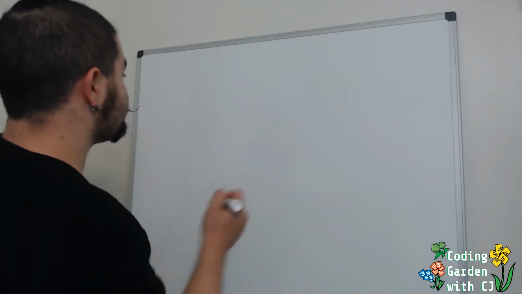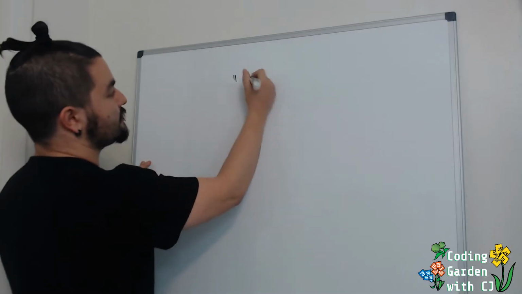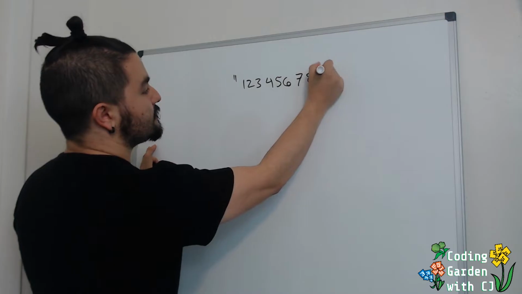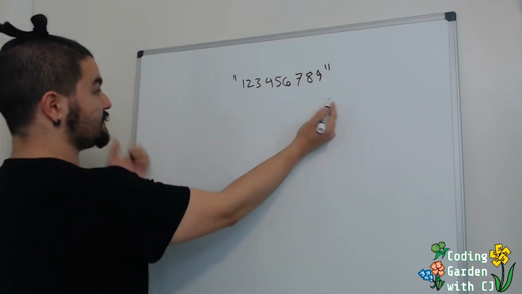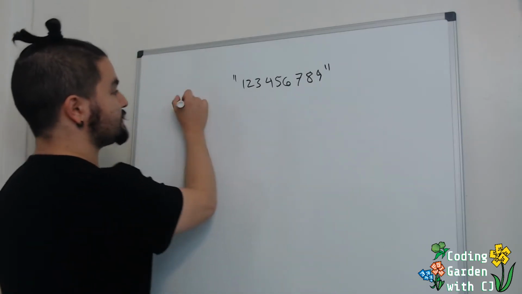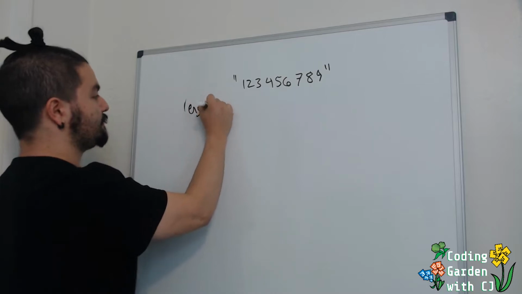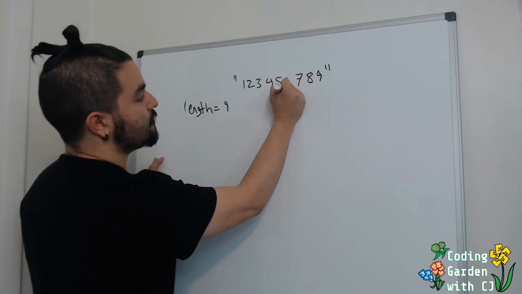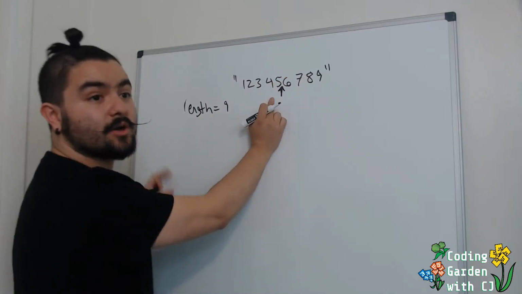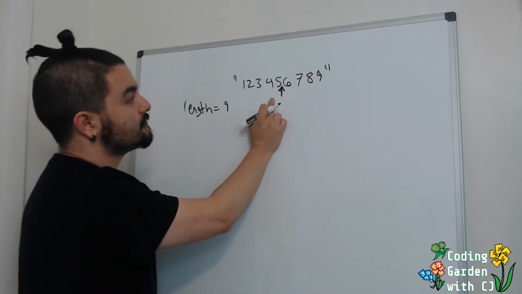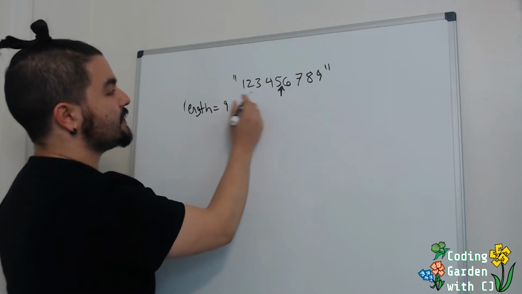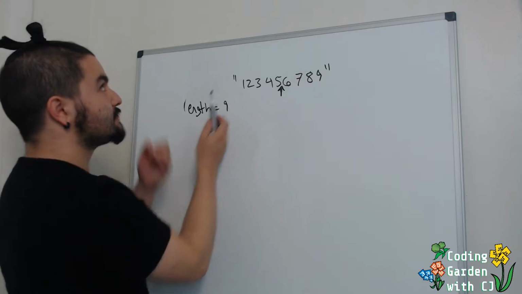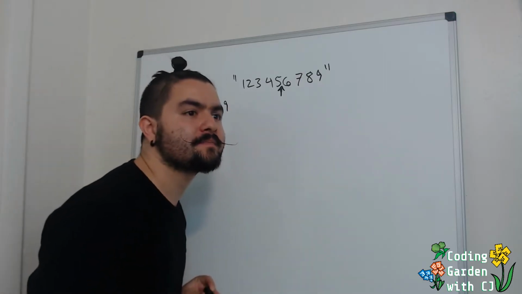Okay, so let's say we're given the string like 1, 2, 3, 4, 5, 6, 7, 8, 9. The length of this is 9. And we want to go all the way to here without setting it as masked. So if length is 9, we want to go to index, wait, what's my logic?